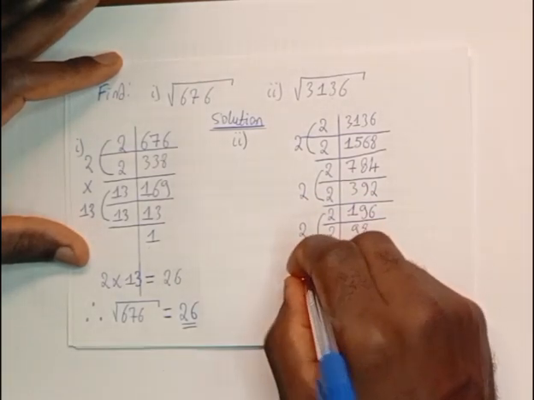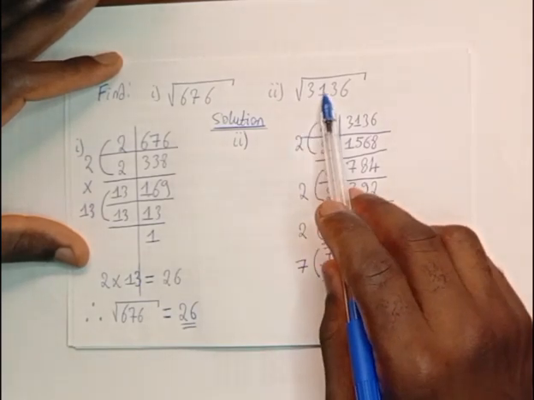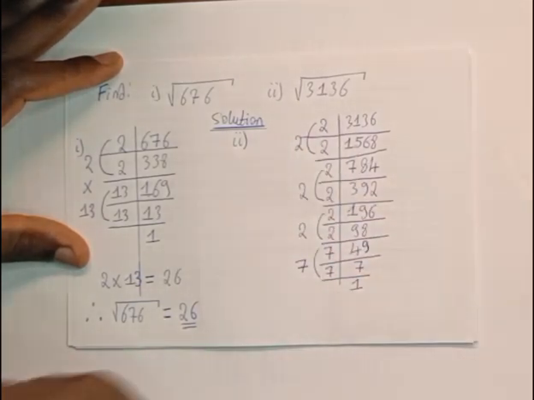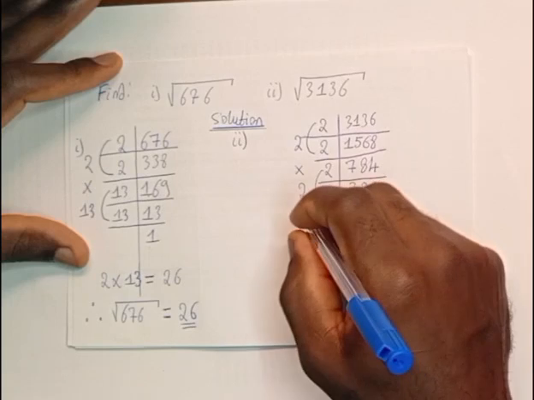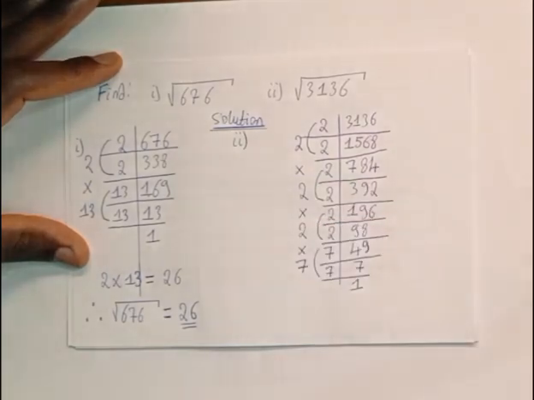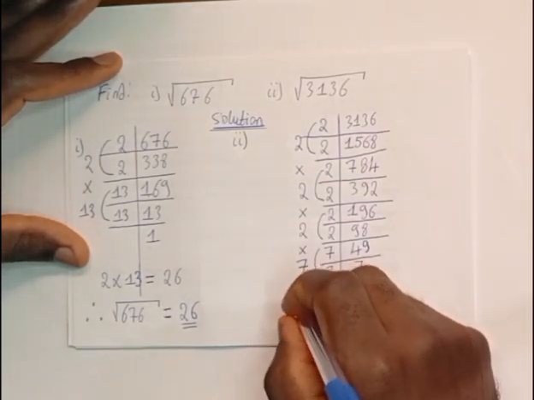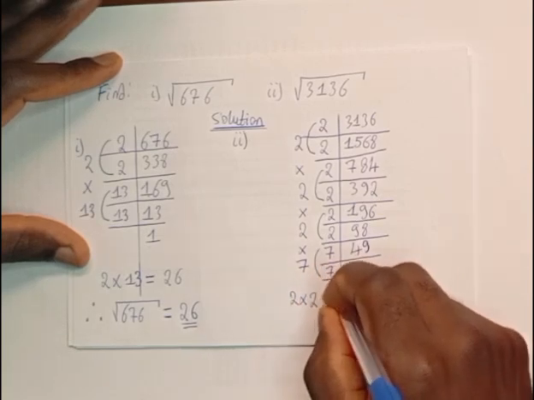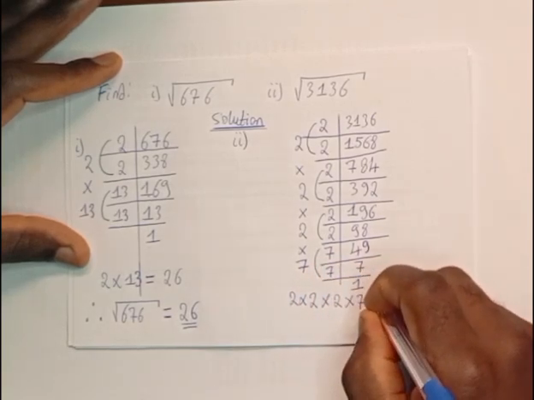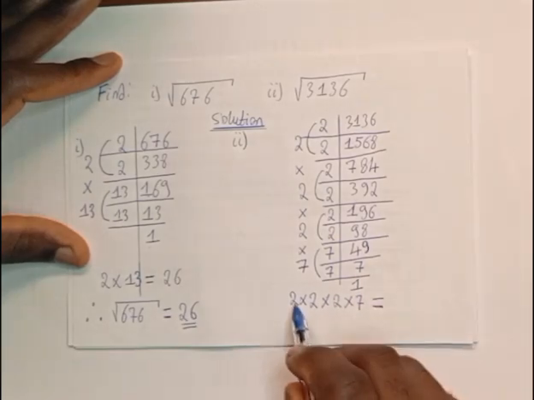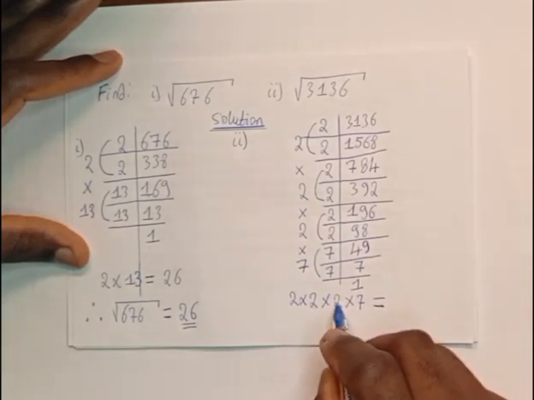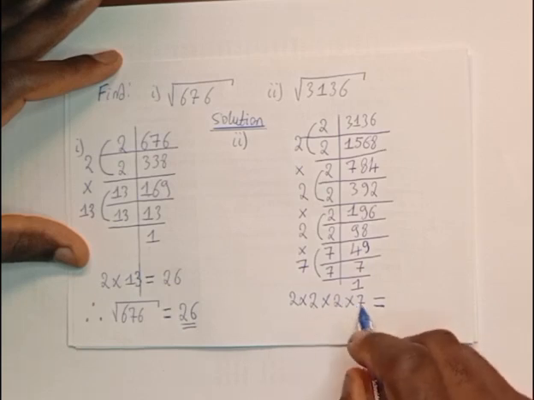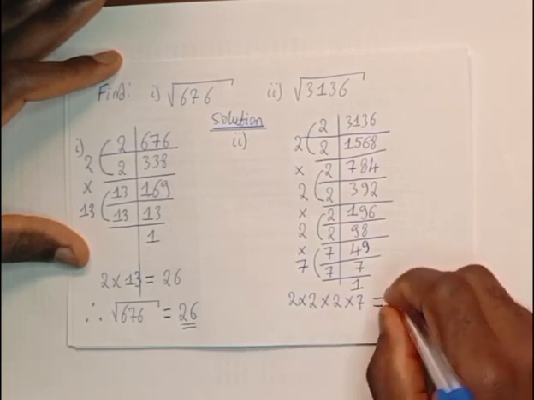For us to get the square root of this number, 3136, we are simply going to multiply the extracted prime factors. We take 2 times 2 times 2 times 7. Let's perform the multiplication. 2 times 2 gives us 4. 4 times 2 gives us 8. 8 times 7 gives us 56.